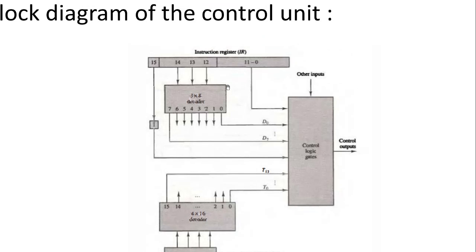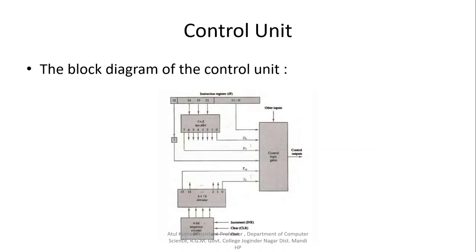Firstly, you know very well the purpose of the instruction register. Instructions are first loaded from the memory into the instruction register. In the control unit, the instruction register is of 15 bits, and out of these 15 bits, the first 11 bits are given to control logic gates.